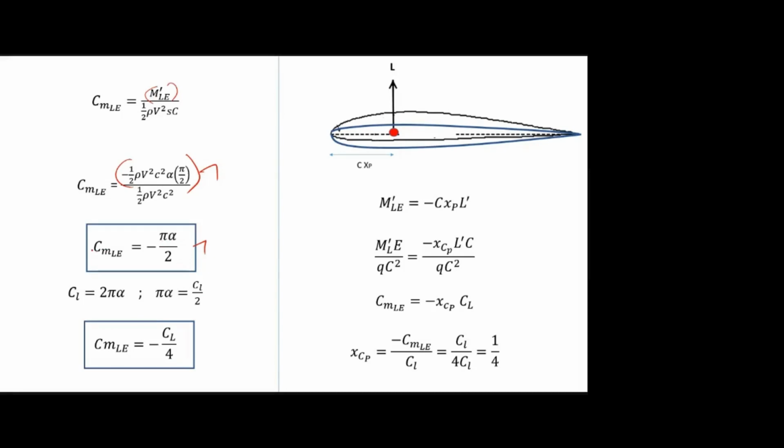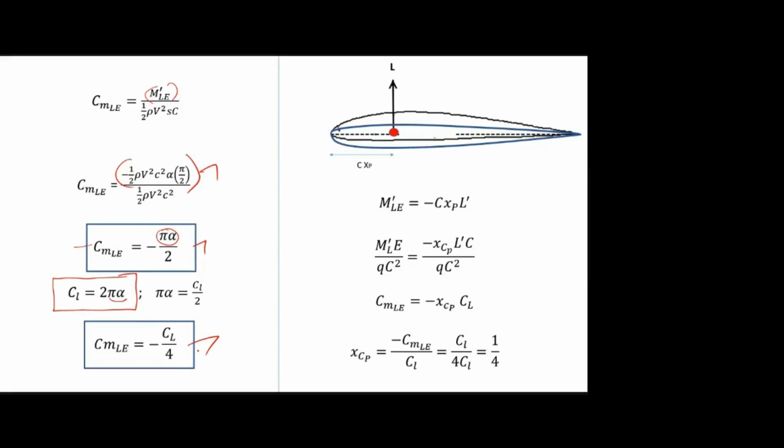But I want to write this coefficient of moment in terms of CL, so later it will be useful. I know the CL equation for a symmetrical airfoil, that is a flat plate, it is 2 pi alpha. So I can write pi alpha is equal to CL by 2. Instead of pi alpha, I can substitute CL by 2. So I will get the coefficient of moment about the leading edge as CL by 4. Is it clear?